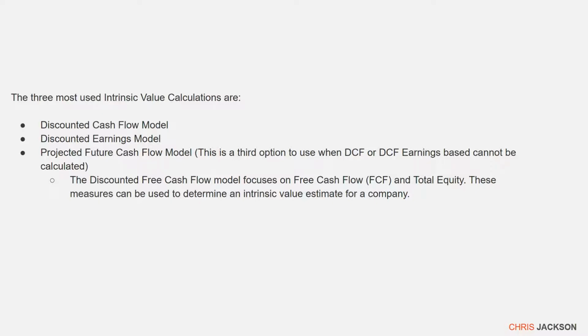These measures can be used to determine an intrinsic value estimate for a company. Sometimes the discounted cash flow earnings based cannot be assumed or calculated for the fact that the company may have just become publicly known to the stock market. So obviously there's no earnings reports to go off of or no history.